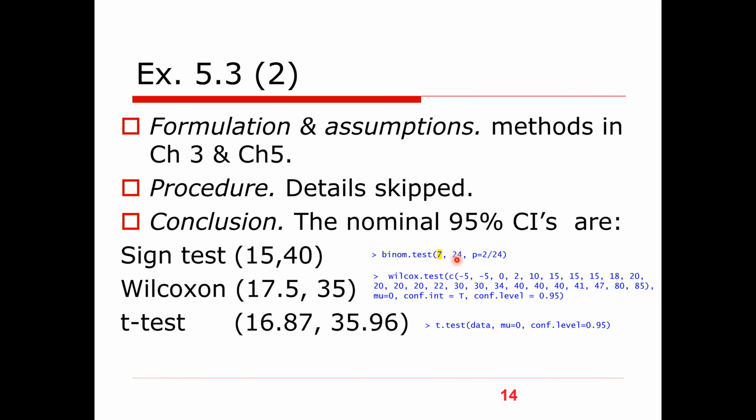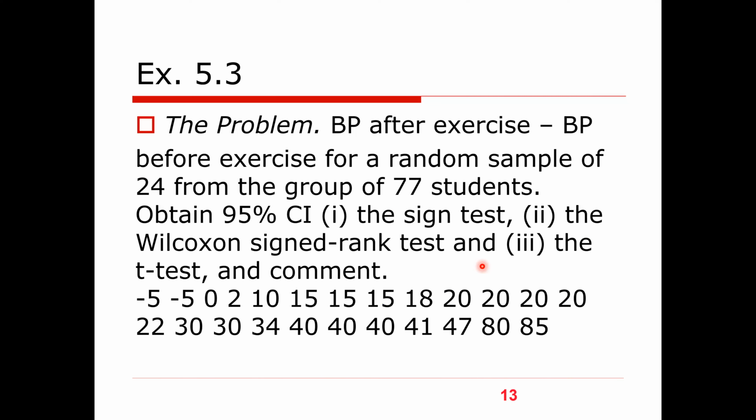And here is the sample size, 24. And here is the p-value, which means from our 24 observation sample, what is the probability of falling into one category. So we can see that we have 2 negative values, and all the other 22 are positive, which means 2 out of 24 people got their systolic blood pressure even decreased after exercise.